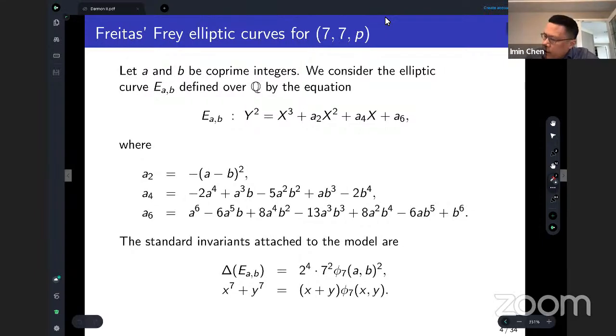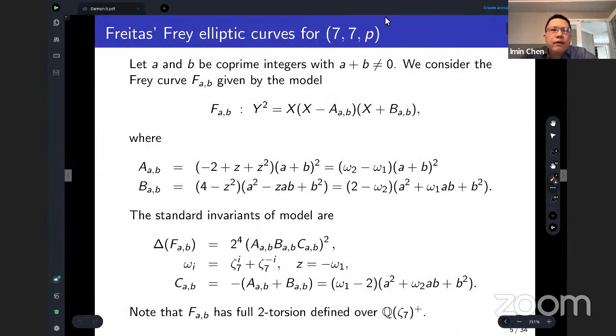However, if we go to the second category of Frey elliptic curves, here we can't descend to a smaller field. It's defined over Q(zeta_7)^+. But an advantage of this elliptic curve is that when we look at the discriminant, there's this factor of a plus b.